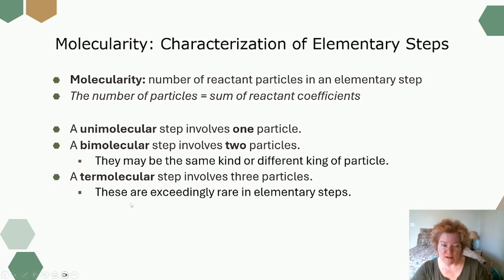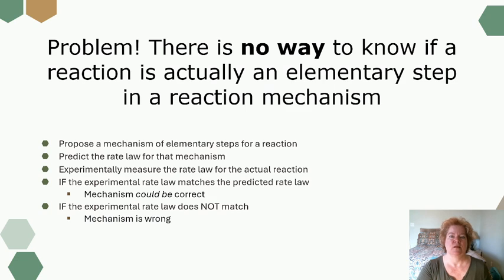And a termolecular step, which is starting to be rare, involves 3 particles that had to simultaneously collide and interact. So they're fairly rare, and we're not going to see tetramolecular; termolecular is rare enough. I can get these by adding up the coefficients on the reactant side of the step, because the number of particles is equal to the sum of the coefficients.